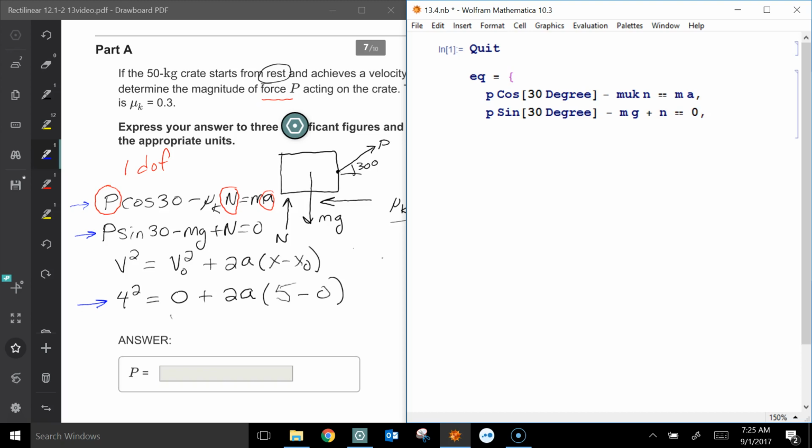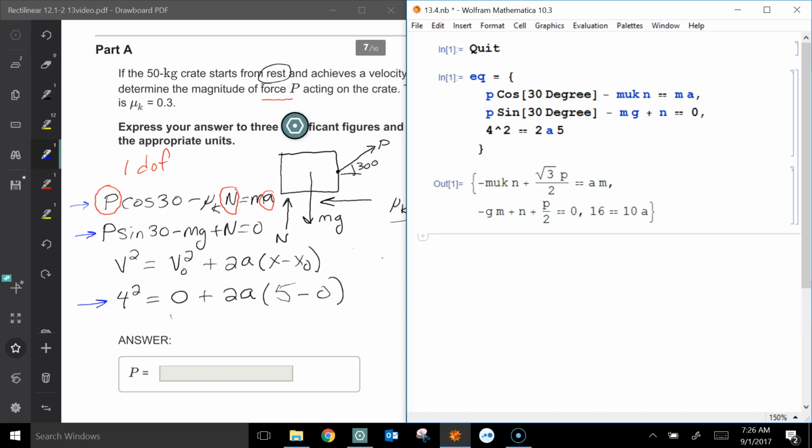The last equation, 4 squared, you probably just put in 16, equals 2 times acceleration times 5. And that's it. You end your curly brace, it turns black, hold down Shift, and hit Enter.